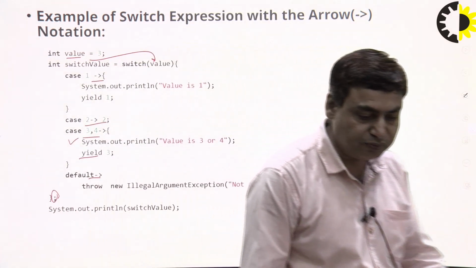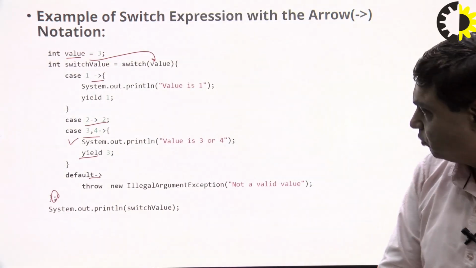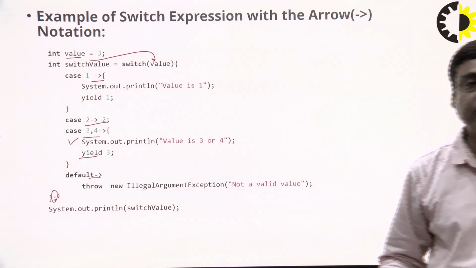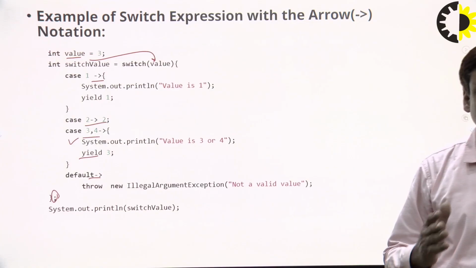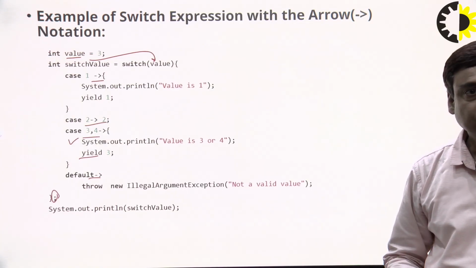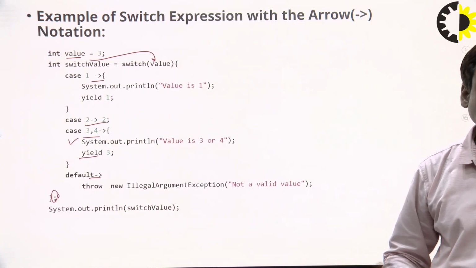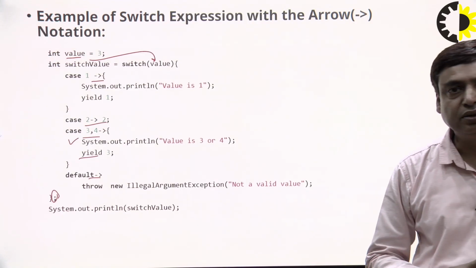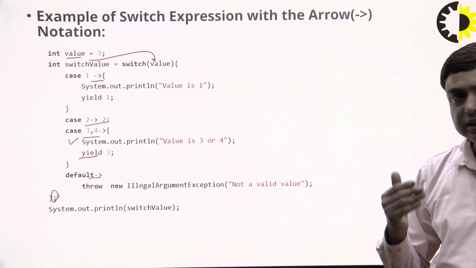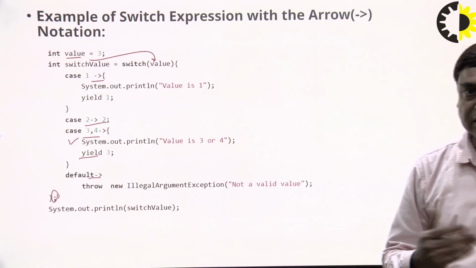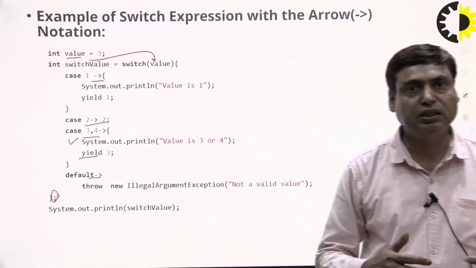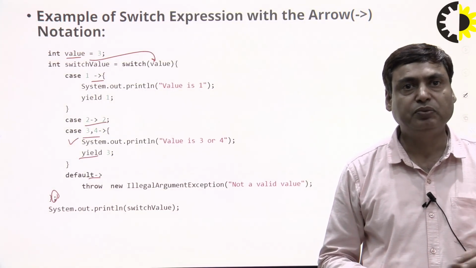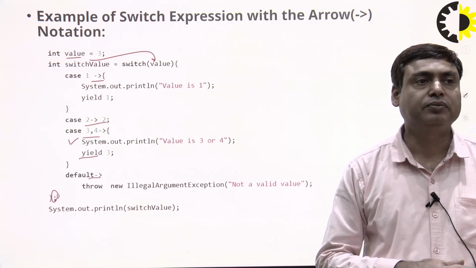So a brief note is that a switch expression is basically something different from the switch statement. A switch expression will return a value that you can receive in a variable. Now, a switch expression has two different formats, one is the colon format, second is the arrow format. Again, one of the learnings is that in the switch expression, we are using the yield statement, we are not using the break statement.